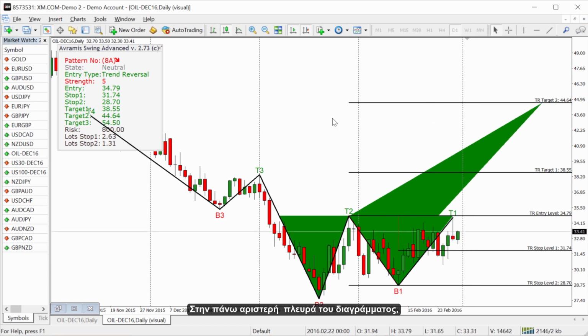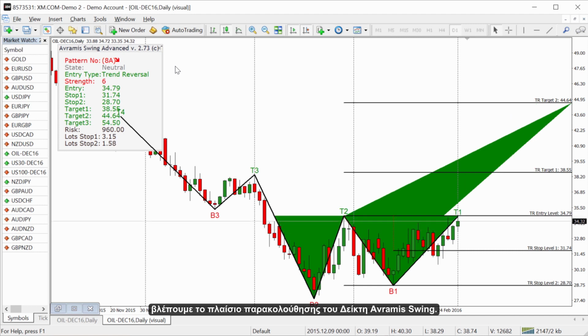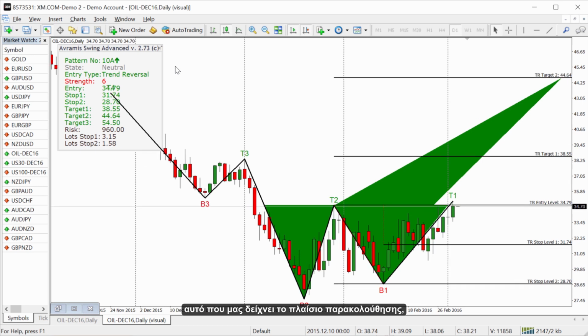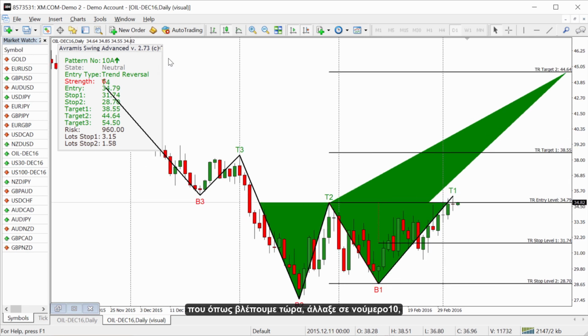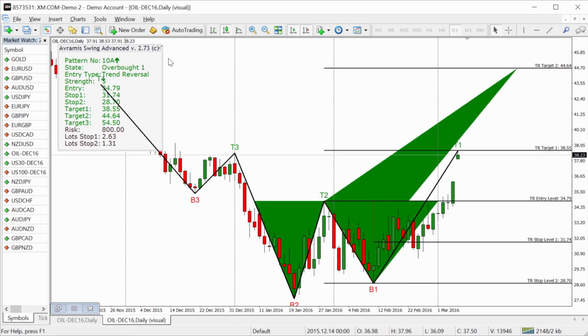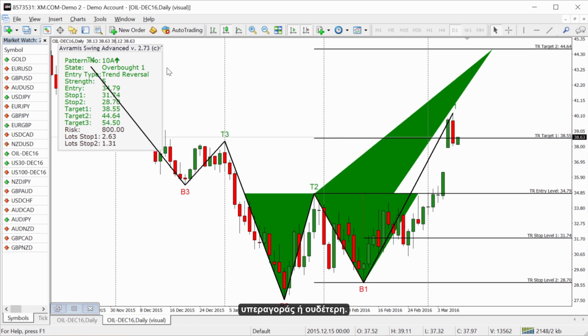Now, if we look in the top left-hand side of the chart, we can see the monitor panel of the Avramis swing indicator. First and foremost, what the monitor panel is showing us is the pattern number that the market is in. As we can see, it has now changed to a number 10 ever since our trend reversal was activated. The other thing we can see is the state the market is in, whether overbought, oversold, or in a neutral state.